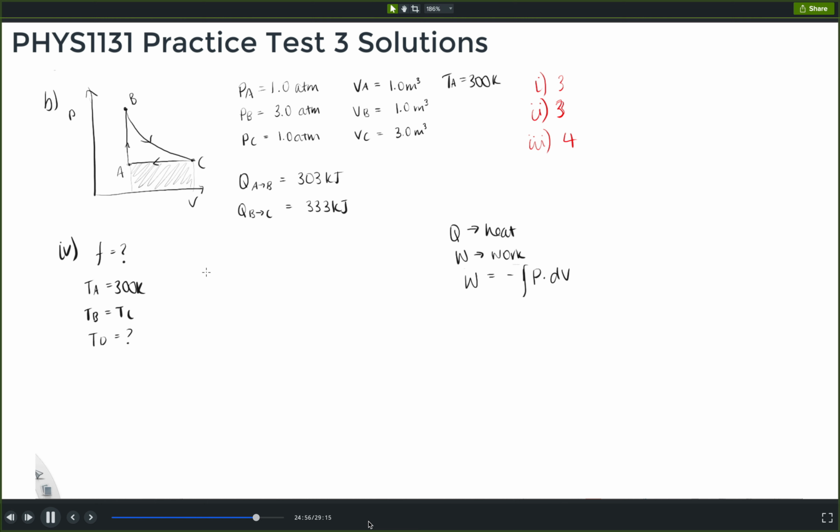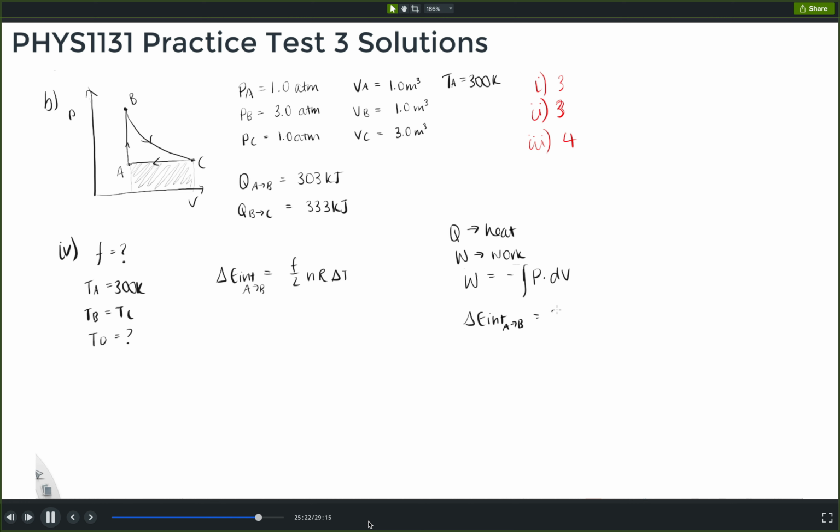Well, what we can do is use our change in internal energy formula. However, there are a few things that we don't know in this equation. So we are obviously trying to find what F is. We know what the change in internal energy is as the system goes from A to B. We worked this out earlier.